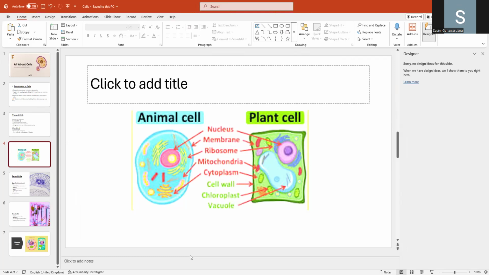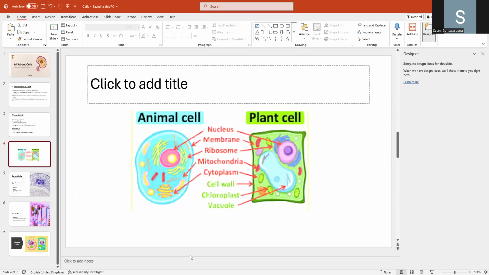These green colored words, cell wall, chloroplast, and vacuole, can only be found in plant cells. They cannot be seen in animal cells. Nucleus, cell membrane, ribosomes, mitochondria, and cytoplasm can be seen in both animal and plant cells.